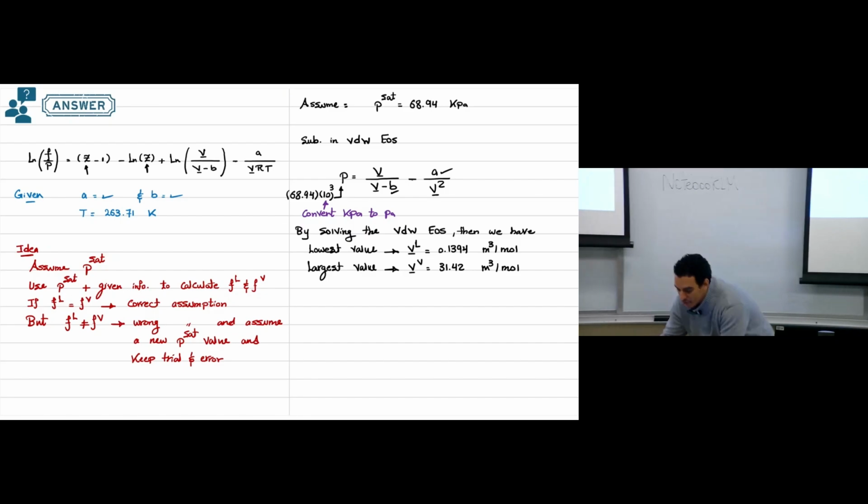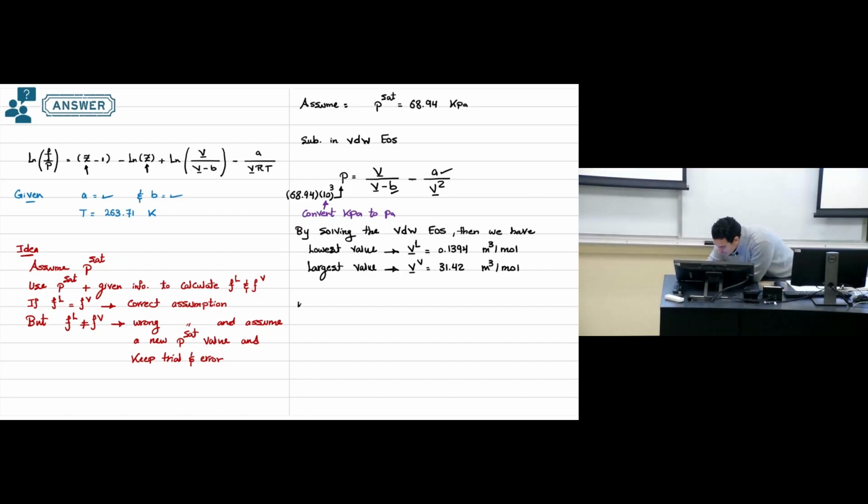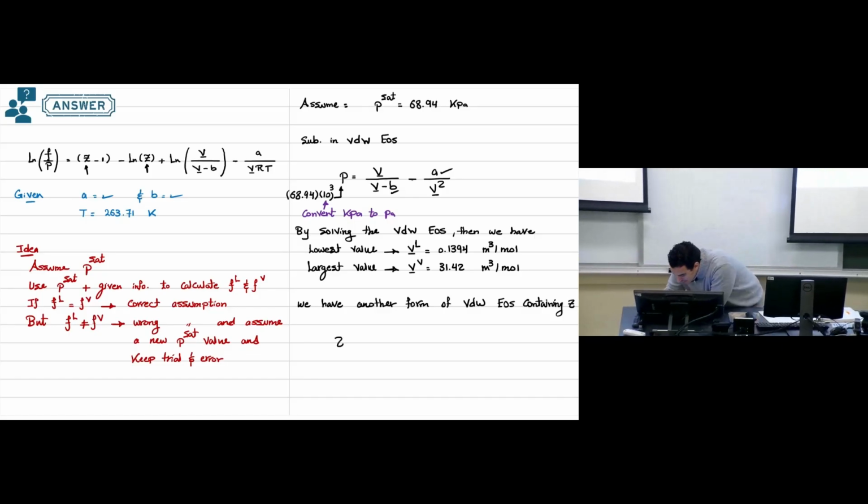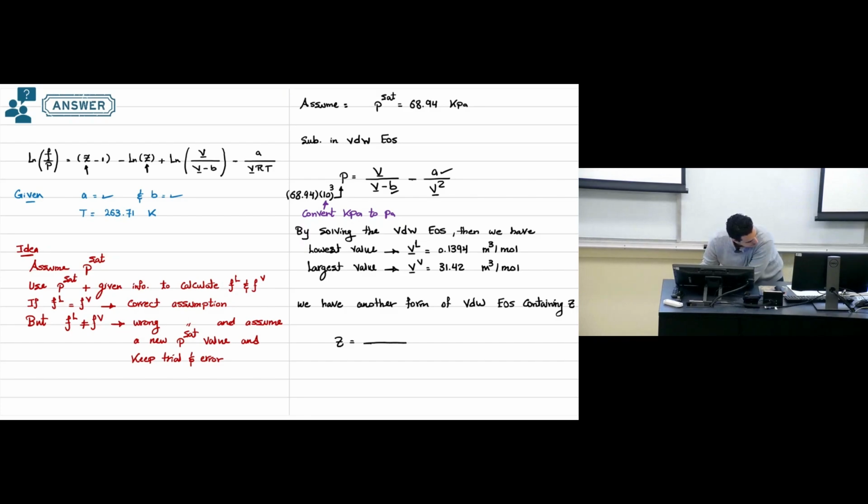So we have another form of the van der Waals equation of state containing the compressibility factor Z. The equation of state says Z is V over V minus B, minus A over V RT.